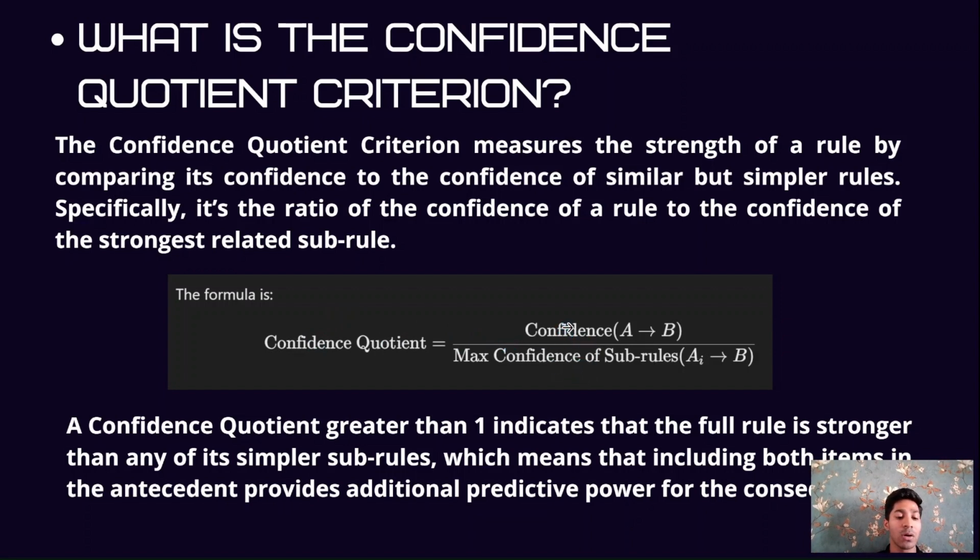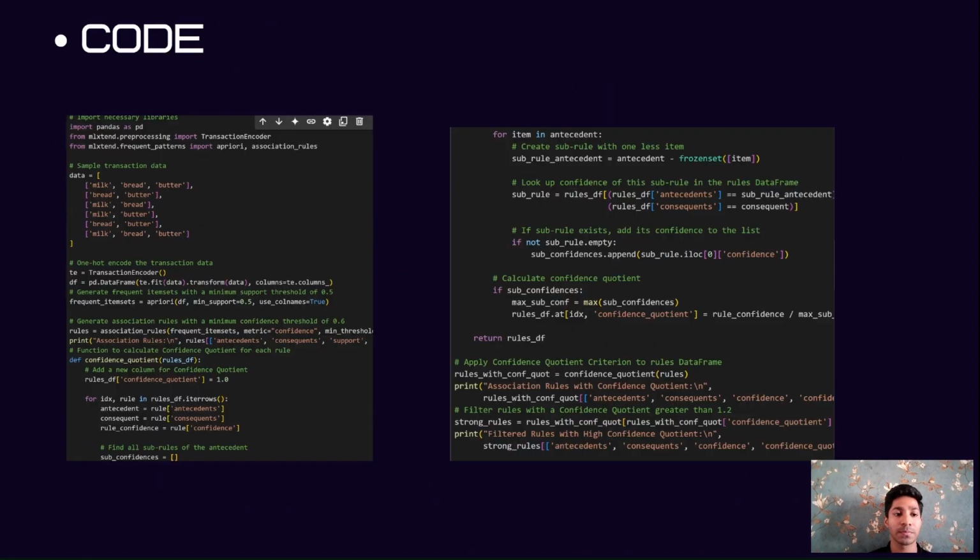A confidence quotient greater than 1 indicates that a full rule is stronger than any of its simpler subrules, which means that including both items in the antecedent provides additional predictive power for the consequent.